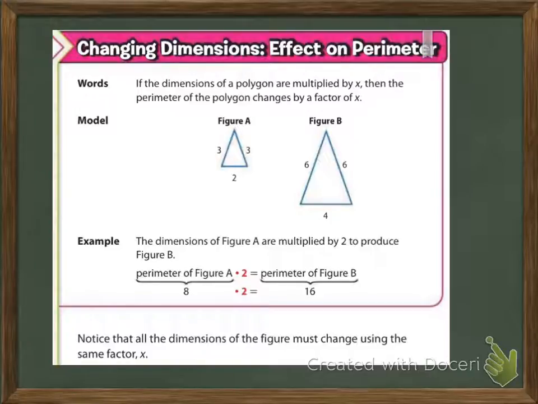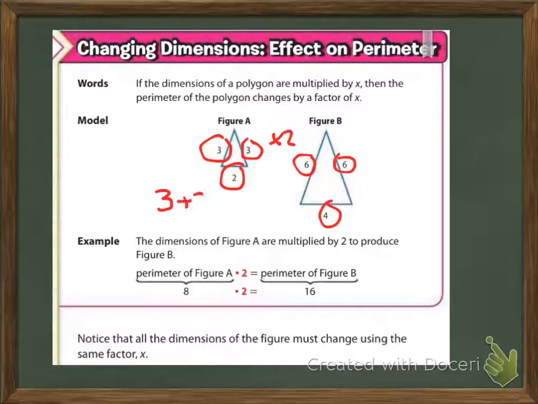If you notice, each of these dimensions was multiplied by 2 to get to these numbers. It says the dimensions of figure A are multiplied by 2 to produce figure B. When we find the perimeter of figure A, we add up all the sides, because that's what perimeter means, and we end up with a perimeter of 8.